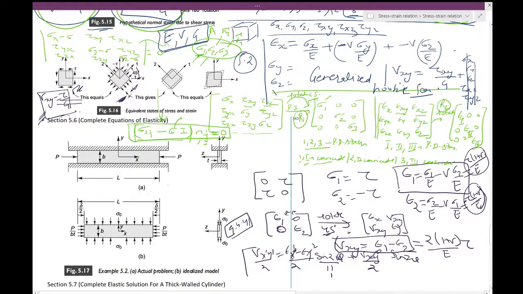So what you would do is equate tau by G equal to 2 times 1 plus nu tau by E, and because tau is not equal to 0, the taus can get cancelled, and you will get G is equal to E by 2 into 1 plus nu.